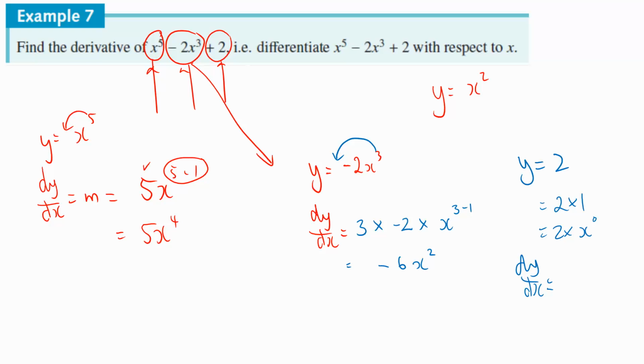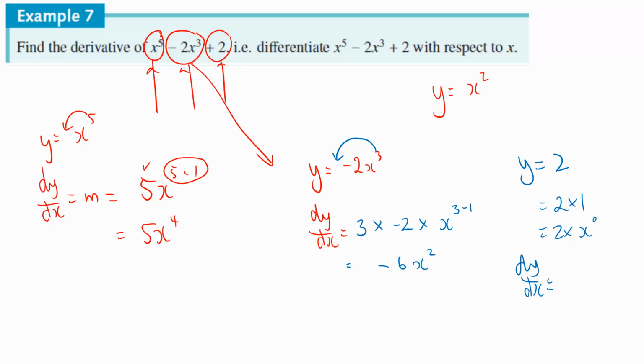Okay, so very similar drill. I've just changed 2 to 2 times 1, and I've changed 1 to x to the power of 0. So I can use the rule. The rule says if it's x to the power of 0, the power is 0. Drop down the power: 0 times 2 times x to the power of 0 minus 1. It would just be 0 because you're multiplying everything by 0.